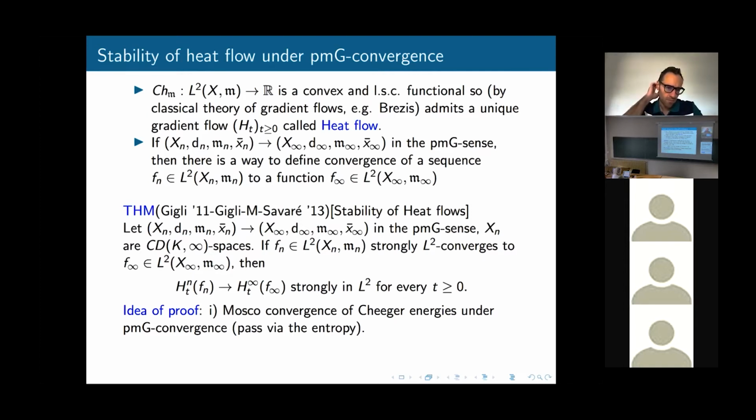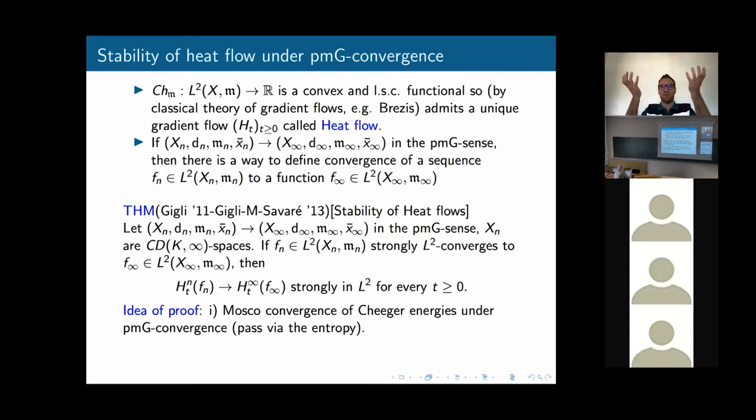The key idea of the proof is to use an identification result between the heat flow in this framework that I discussed, the heat flow as a gradient flow of the Cheeger energy in L2, and the fact that such heat flow corresponds to the gradient flow of the Boltzmann-Shannon entropy in the Wasserstein space that I'm going to discuss actually later, but you can keep it.